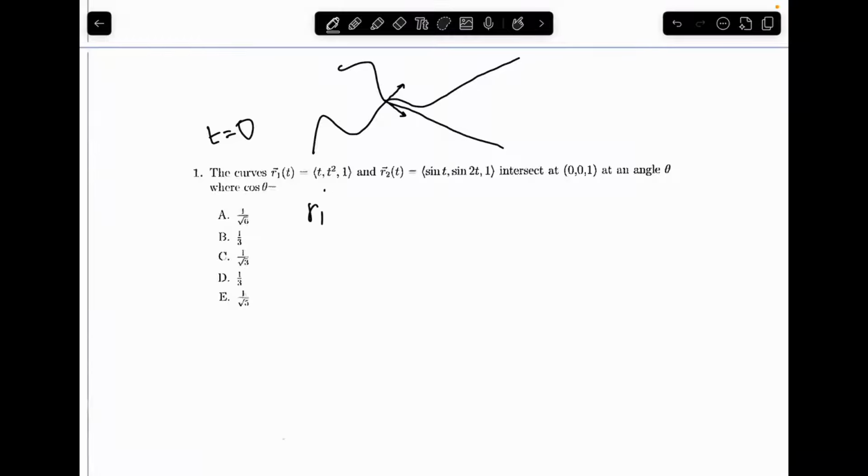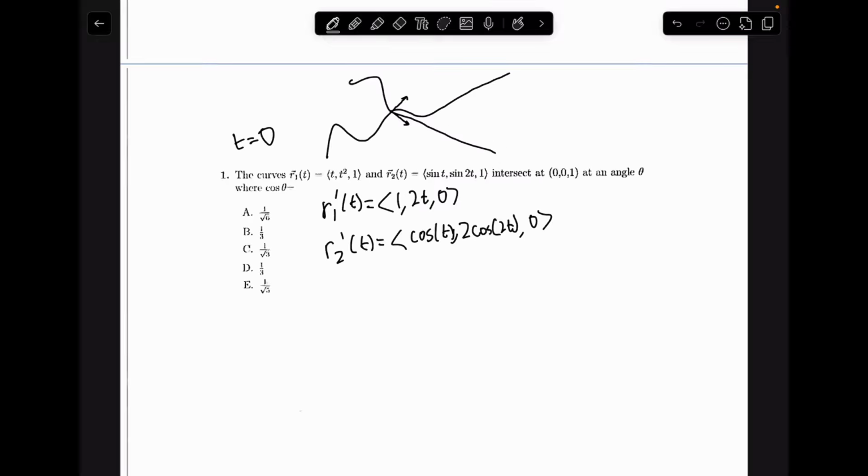Now let's find those tangent vectors. r1 prime of t is going to be <1, 2t, 0>, and r2 prime of t is going to be <cosine t, 2 cosine 2t, 0>.